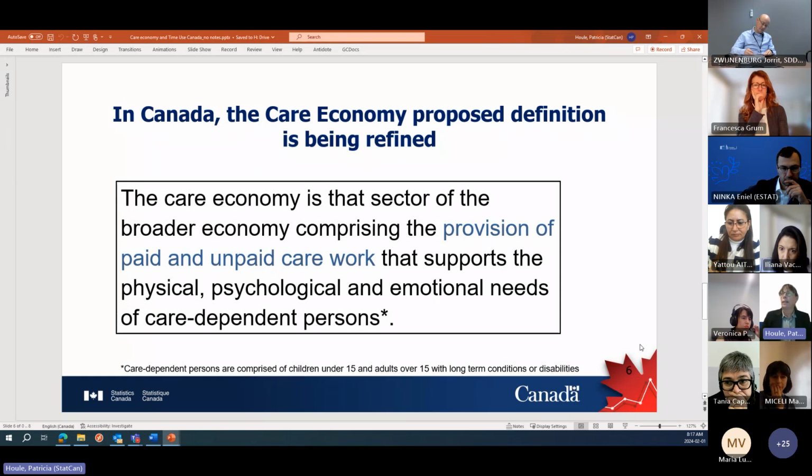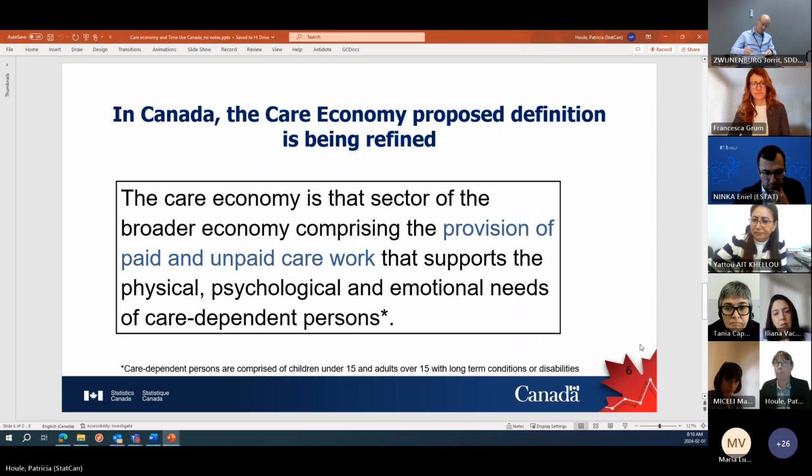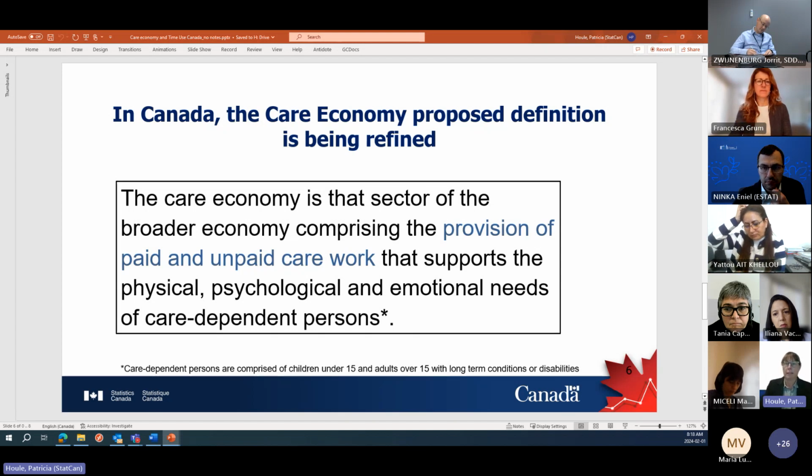So it's all the paid and unpaid care work that supports the physical, psychological, and emotional needs, and that also includes daycares and education, along with care, on both the paid and unpaid side.